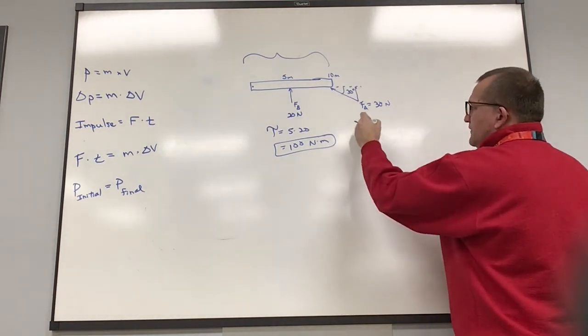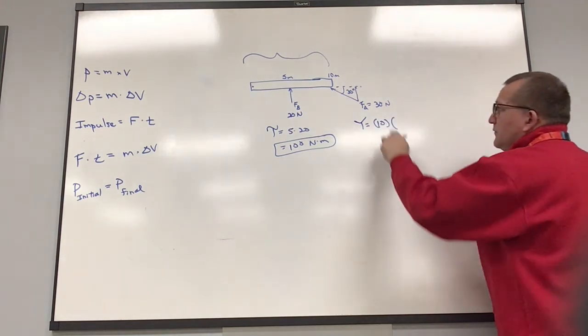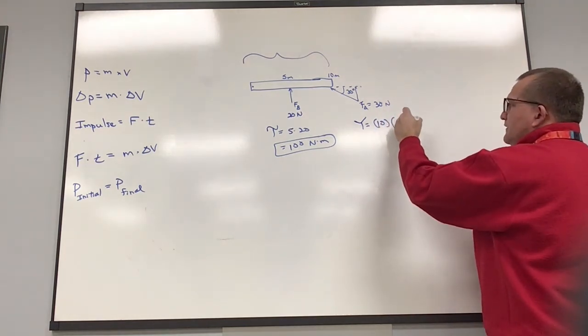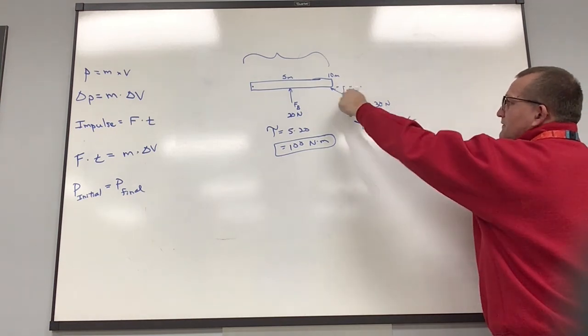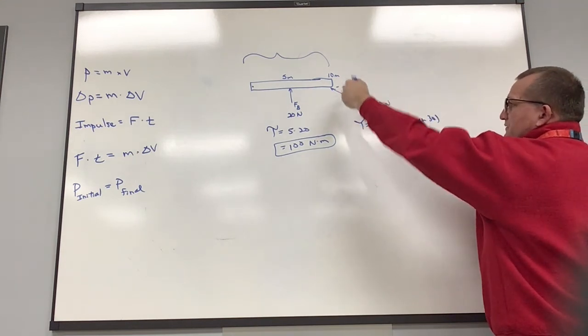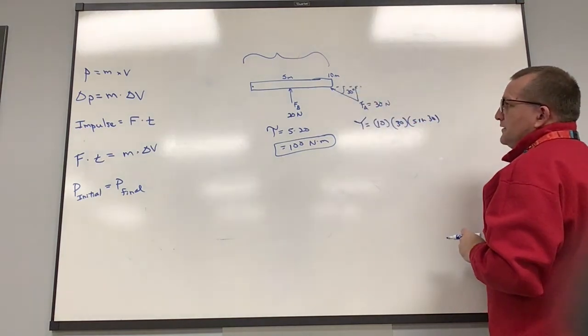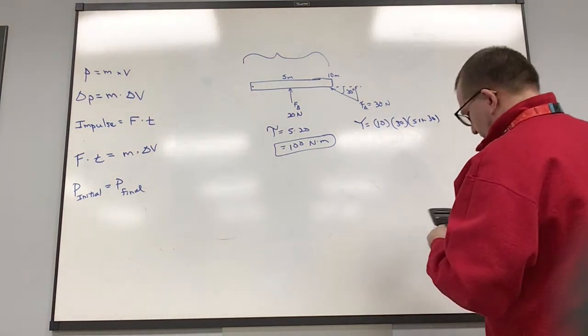So our torque is going to be our distance, 10, multiplied by our force of 30, times the sine of 30, which will be this component that's going to be perpendicular to our surface. And so we'll have to calculate that.